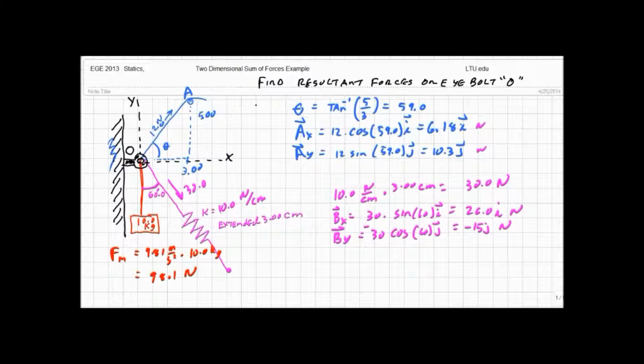All of the force is down, so my F sub m y equals minus 98.1, the vector there, 98.1 J newtons.